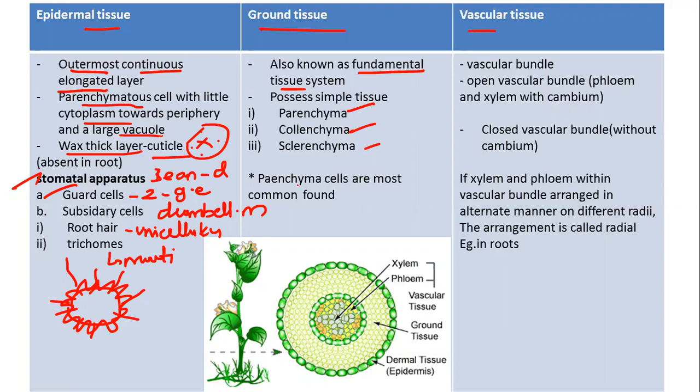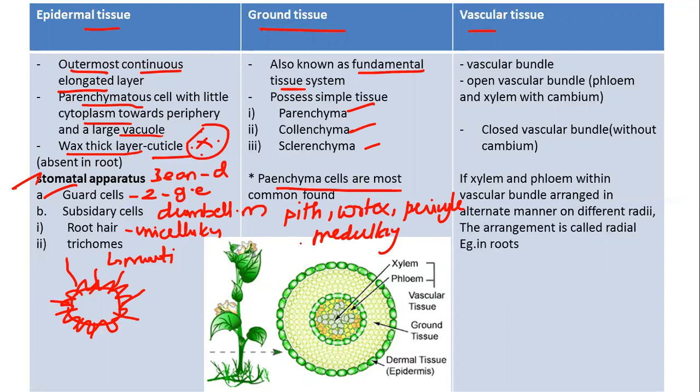So among these, parenchyma is one of the most abundant tissues, commonly found in pith. It is also found in cortex, pericycle, and medullary rays. Pith is made up of parenchyma cells, the cortex region is covered with parenchyma cells, and pericycle is made up of parenchyma cells.